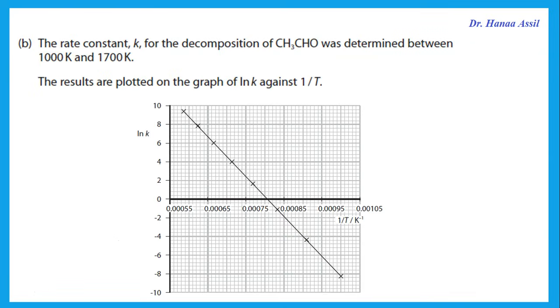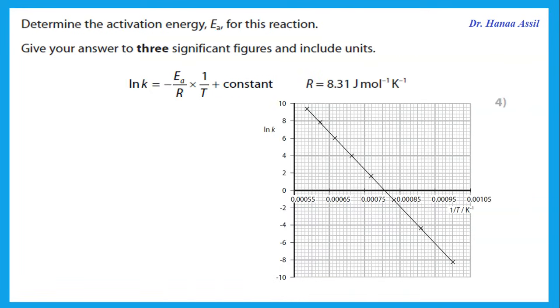The rate constant for the decomposition of methanol was determined between 1000 K and 1700 K. The results are plotted, and we are required to determine the activation energy. Remember that the Arrhenius equation says ln k is minus Ea over R times 1 over T plus a constant.